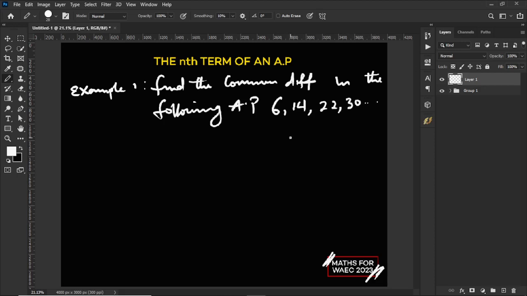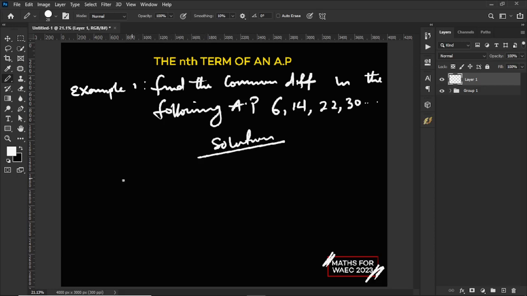Are we there? Yes, sir. How do you solve this? You're looking for the common difference. If you're looking for the common difference, all you need to do is pick two consecutive terms.